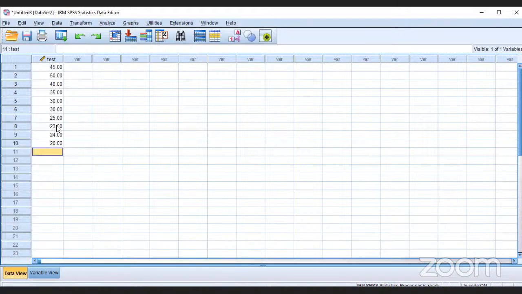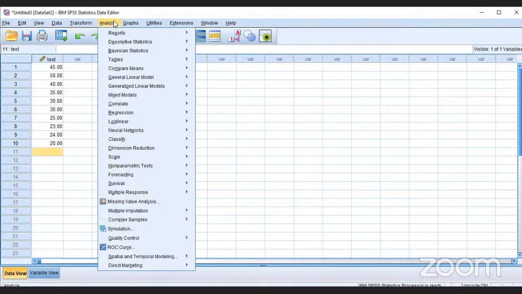Okay. So I collected data from the 10 individuals and I am going to analyze.